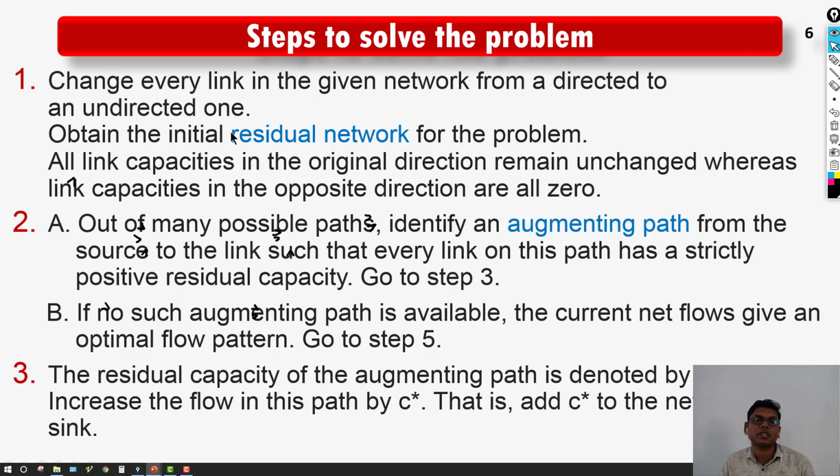So when the residual network is to be prepared, the link capacity in the original direction will remain unchanged, but in the opposite direction we have to write 0. So how it is done we will see.